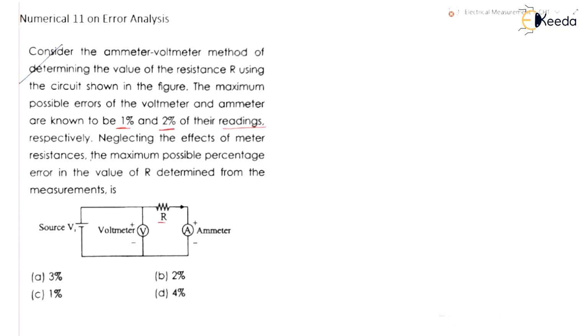Neglecting the effects of meter resistances, the maximum possible percentage error in the value of capital R determined from the measurements is. Okay, so again this is the question in which they have asked the maximum possible percentage error. This type of questions we already solved. Okay, so now this is the voltmeter ammeter method or ammeter voltmeter method.